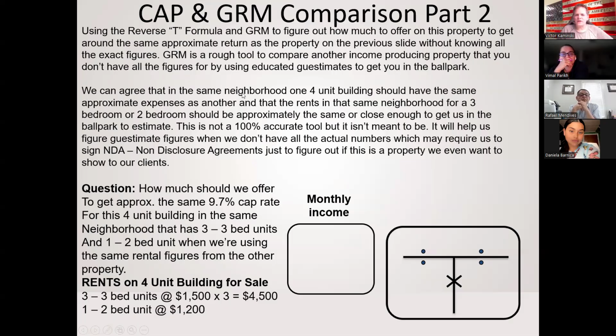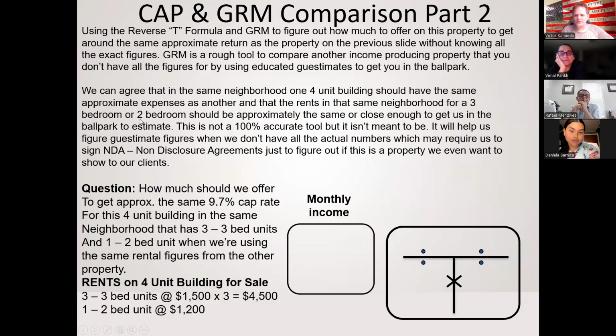So can we agree that in the same neighborhood, one 4-unit building should have the same approximate expenses to maintain as another 4-unit building in the same neighborhood? Give or take, they should be roughly the same expenses to maintain those buildings. So we should also be able to agree that a 3-bedroom or a 2-bedroom rental amount in the same area should go for roughly the same amount.